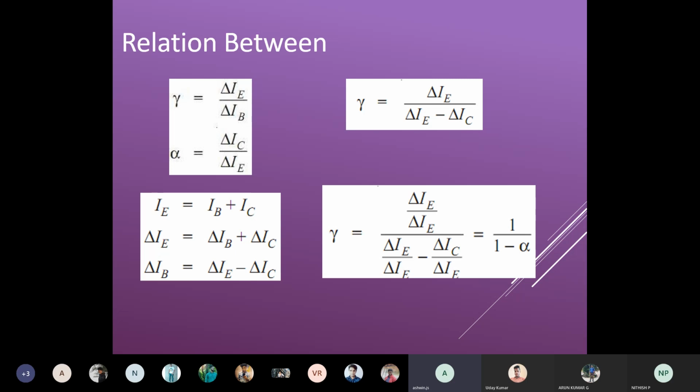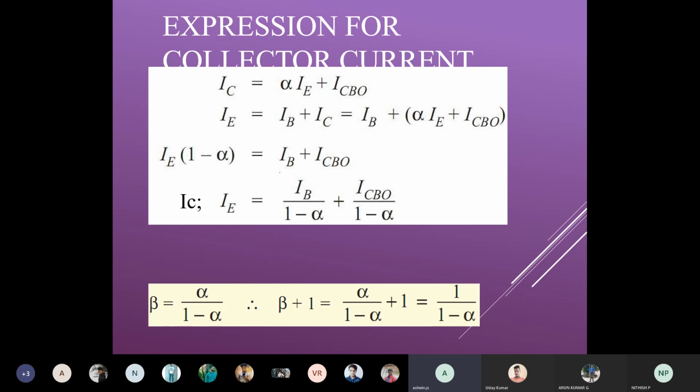You can write the entire expression: the alpha and beta relationship is beta is equal to alpha by 1 minus alpha, and gamma is equal to 1 plus beta. Okay, that is the expression you have to write. Suppose they ask for the relationship between alpha, beta and gamma, you have to derive everything.